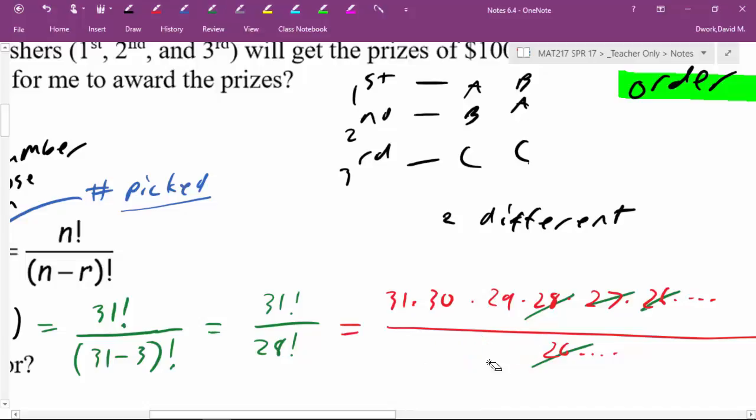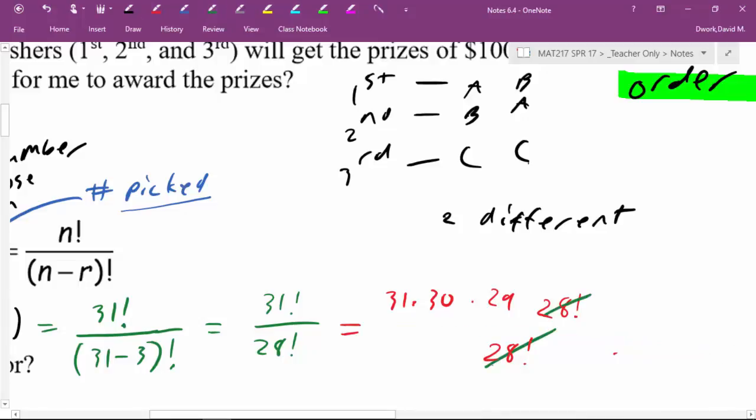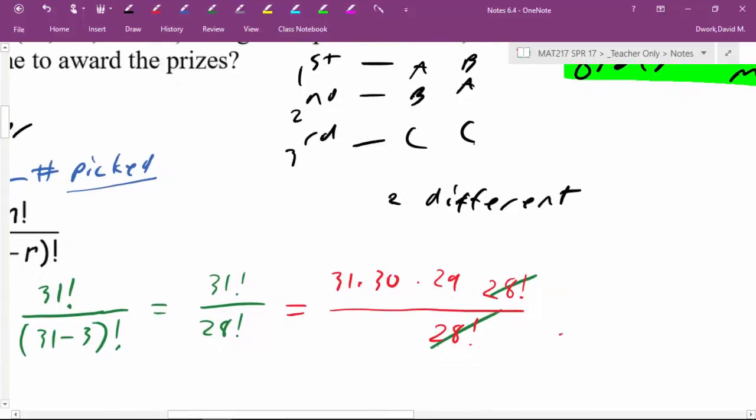So what we do if we're doing this by hand is we're going to stop in our numerator at 28 factorial because that matches what I have in my denominator, and those two will just simply divide away. So you don't have to write out the whole thing. You're going to write out only the numbers up until the factorial in the numerator and the factorial in the denominator match. All right, so now I'm just left with 31 times 30 times 29.